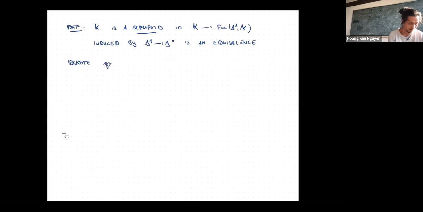And we would like to note, well, this should be the full subcategory on groupoids. And a further axiom should say that we can take maximal groupoids of objects.